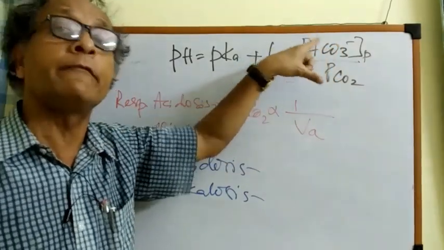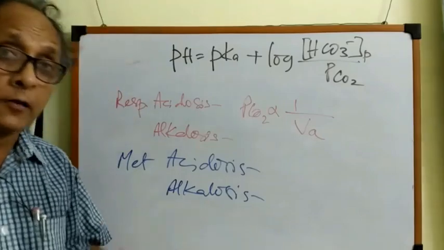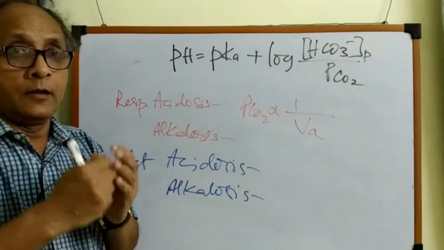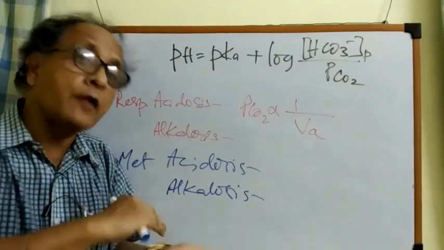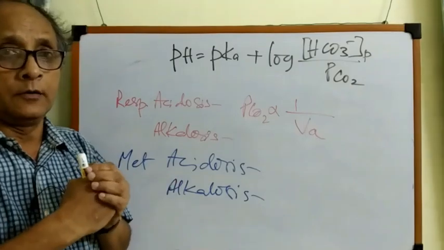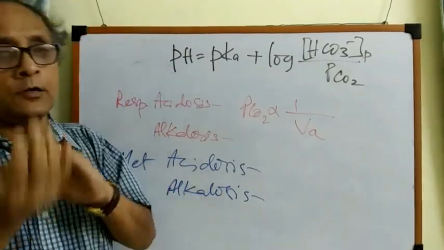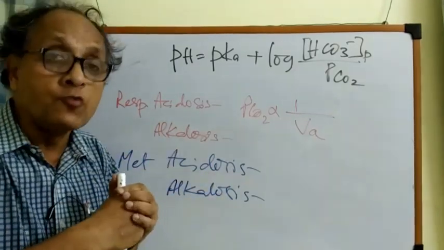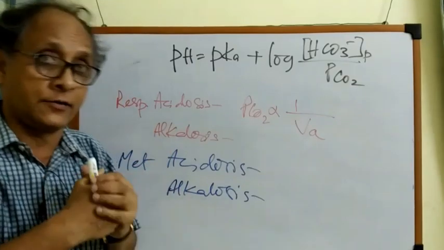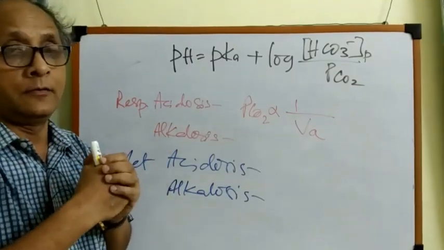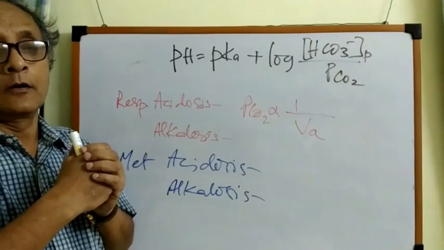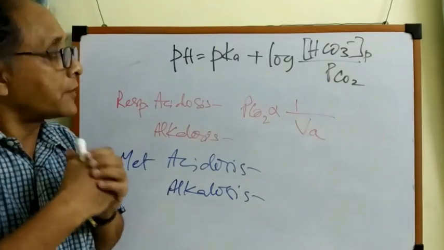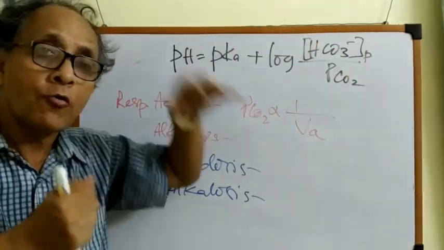When will the plasma bicarbonate level be reduced? It will be reduced when the recovery or reclamation of filtered bicarbonate, or the generation of new bicarbonate, is not adequate to tackle the acidosis or tackle the pH threat. And in that situation, the plasma bicarbonate level will be low.